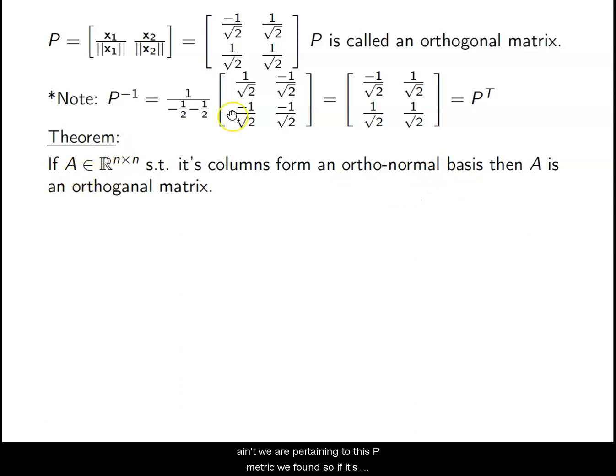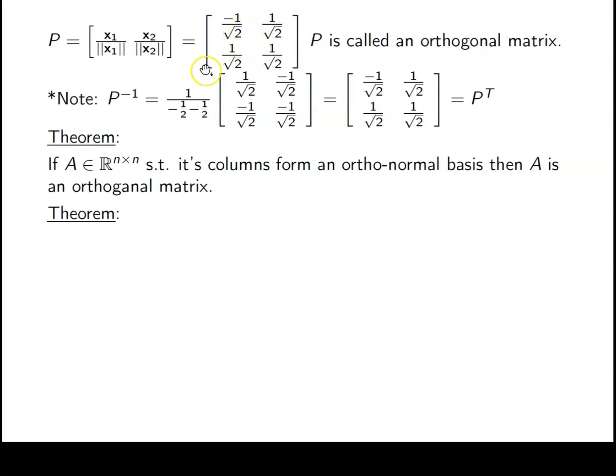So here, this A refers to this P matrix we found, okay? So if its columns form an orthonormal basis, then A is an orthogonal matrix, right? Small typo here, it should be orthogonal, not with an A. So again, an orthogonal matrix means that you're normalized and orthogonal to each other within your columns.